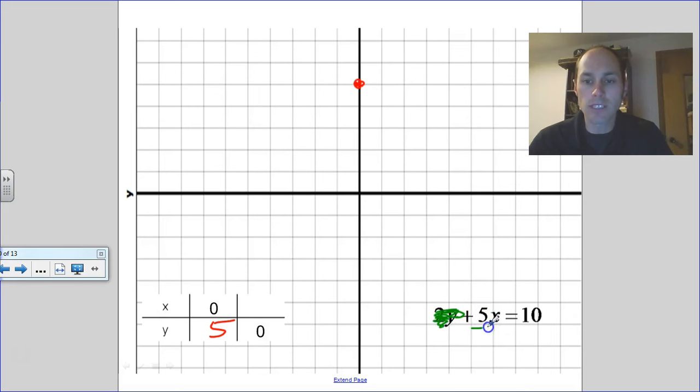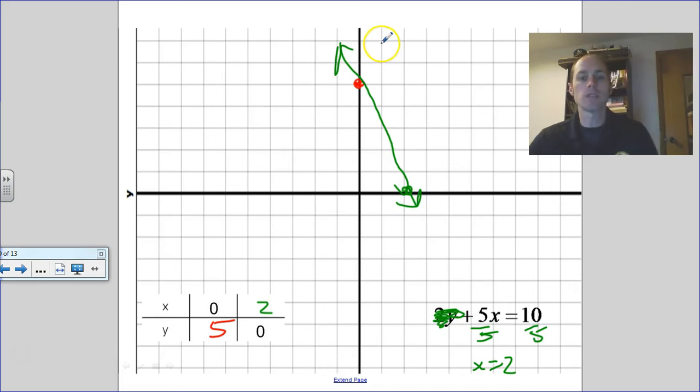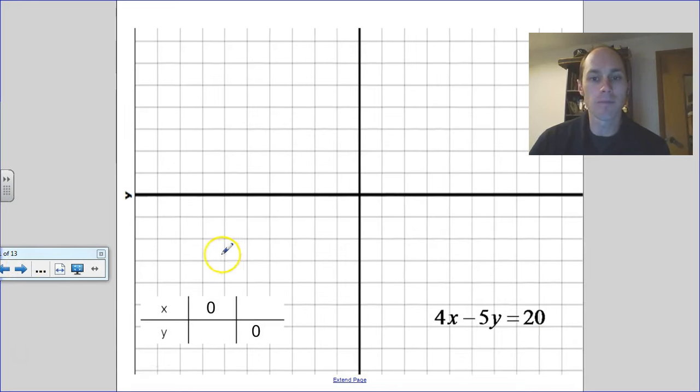So 5x equals 10 divided by 5. X has to be 2. So x is 2 when y is nothing. So 2, 0 is our x-intercept. And there we go. So that's the way we can find 2 points a little bit quicker than creating a table. So when we have standard form equations, that might be a way to graph the equations a little bit quicker.